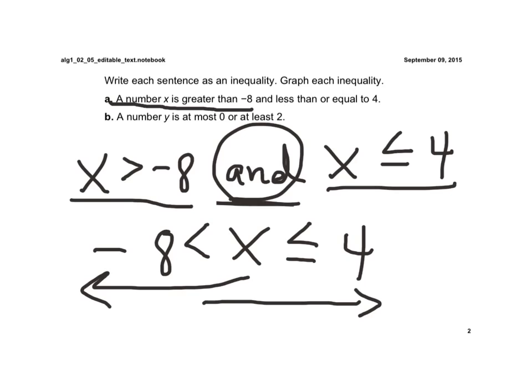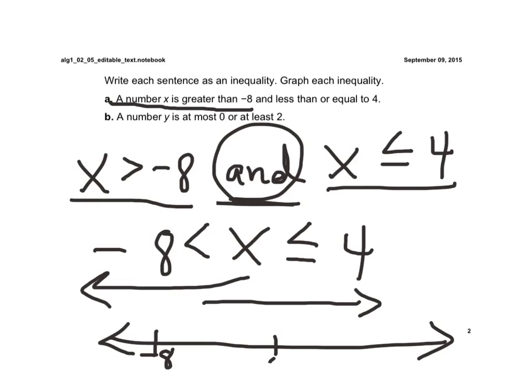Now, we're going to erase this one, and I'll show you the example for number 2. Well, first of all, let's graph this. So if we have a number line, we'd have negative 8. I'm going to put the 0 in, and this would be 4. And so we put an open circle at negative 8. We put a closed circle at 4. And now x is between.